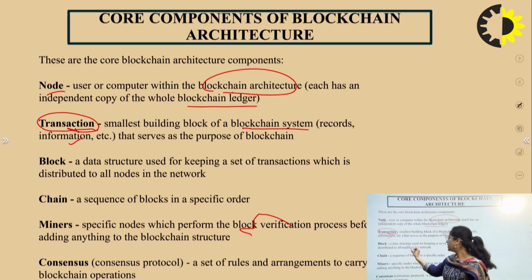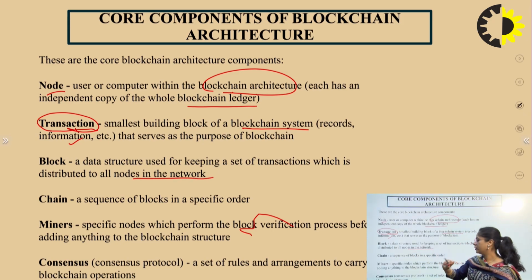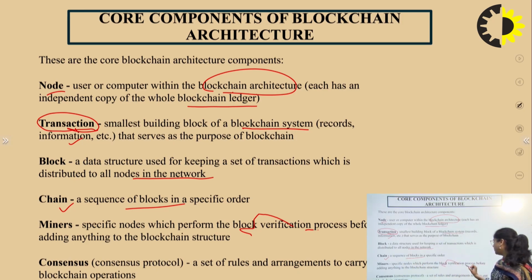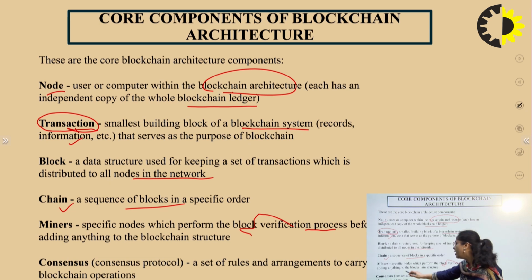Block, a data structure used for keeping a set of transactions, which is distributed to all nodes in the network. What is a chain? A sequence of blocks in a specific order. Miners, specific nodes which perform the block verification process before adding anything to the blockchain structure.